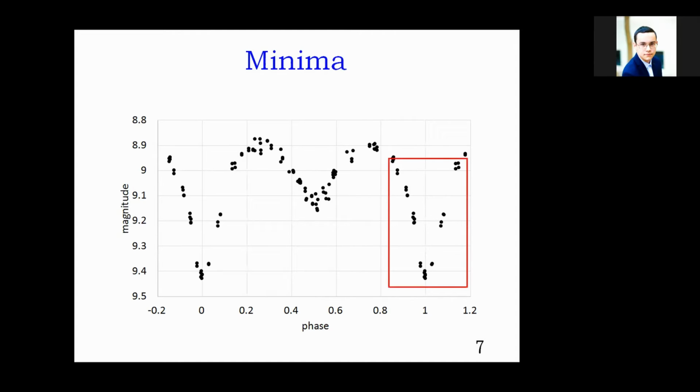Usually from a light curve, we consider only minima, and usually this is primary minima because almost all observers observe only primary minima.